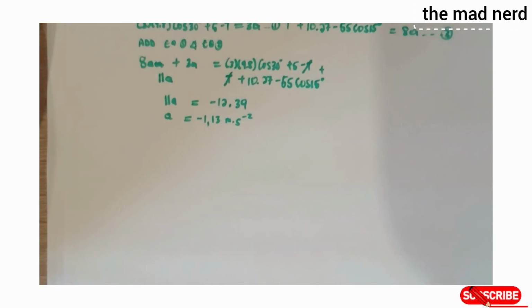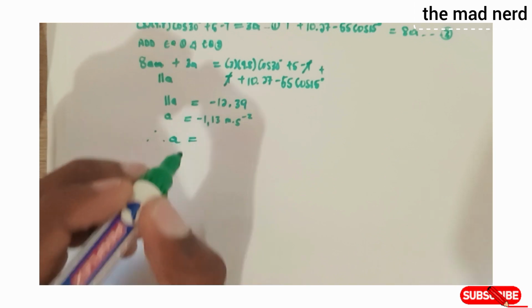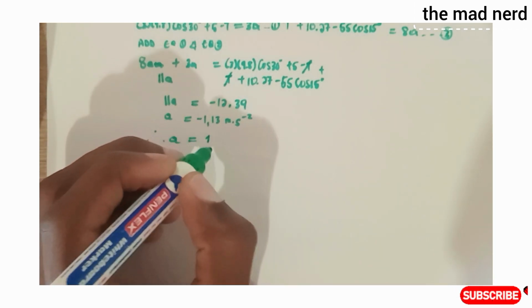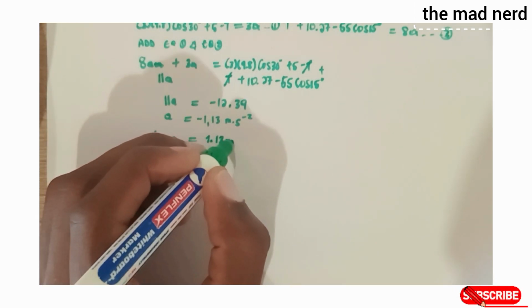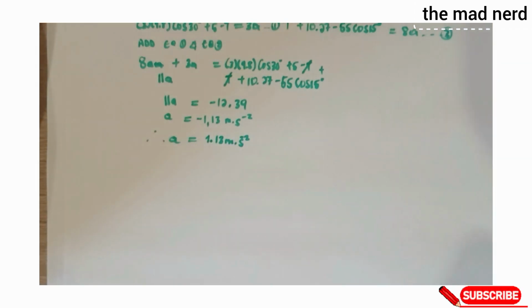So if we took the right side as positive, we should have gotten a positive 1.13 meters per second squared. So there's nothing wrong here. Therefore, the acceleration is 1.13 meters per second squared. That's it for the acceleration.